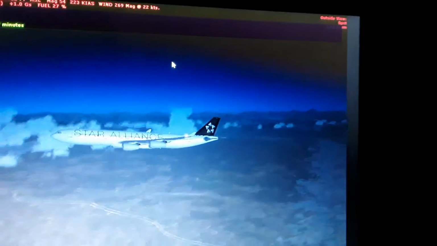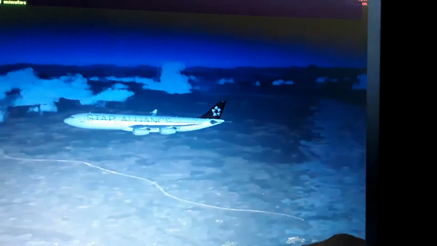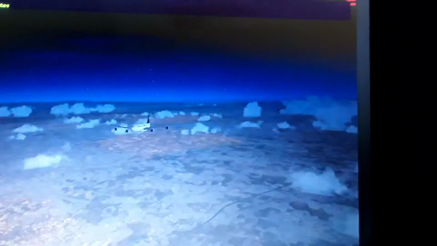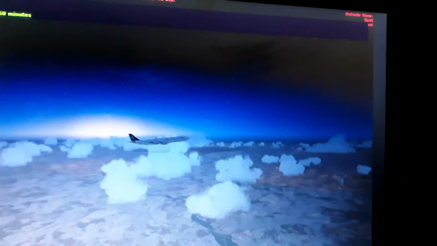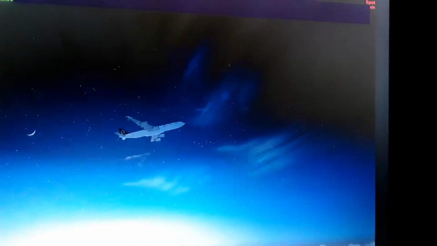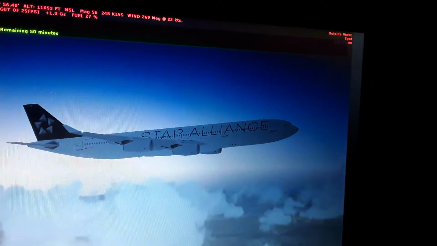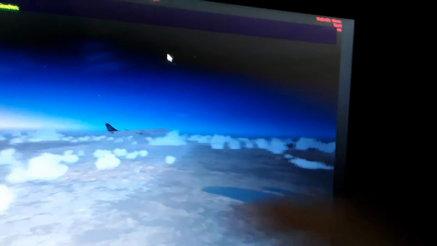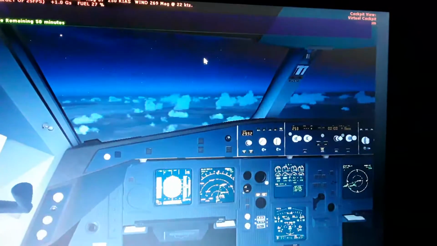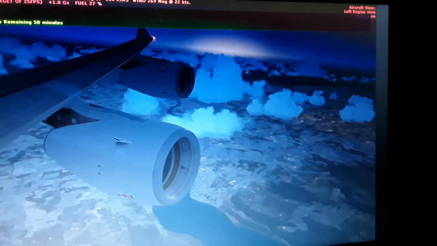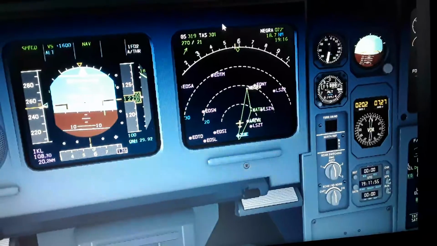Let's have an outside view over here of the Airbus A340. You can see we're climbing slowly.